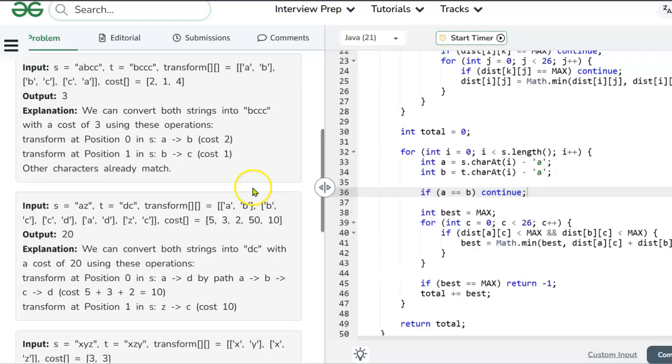We need that because we need to be able to determine if something like going from A to D at a cost of 50 is better than going from A to B and B to C and C to D. Unless we have the cost of going between each pair of letters, or the knowledge that there is no way to go between a certain pair of letters, we can't do that.